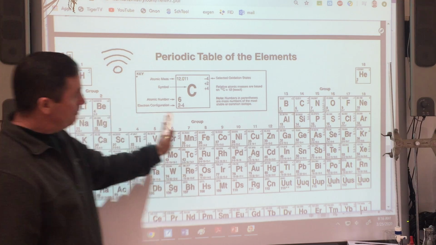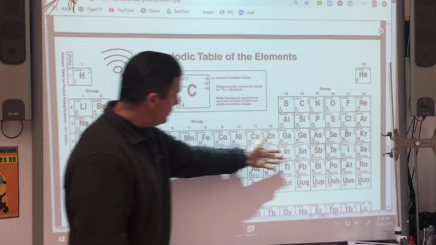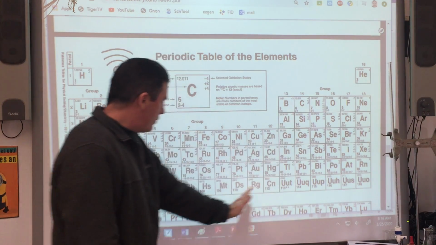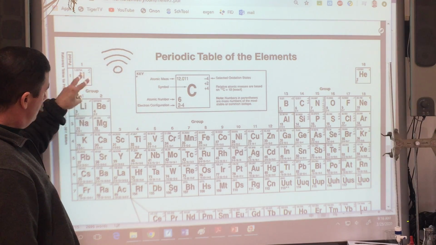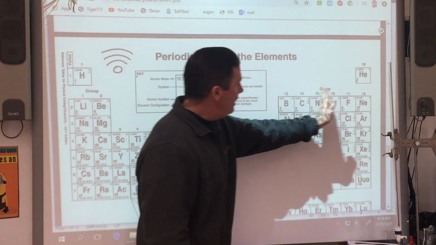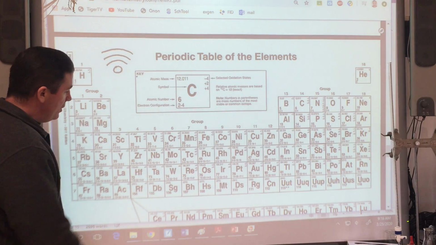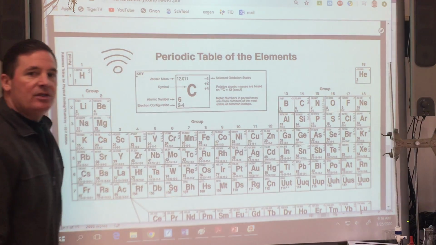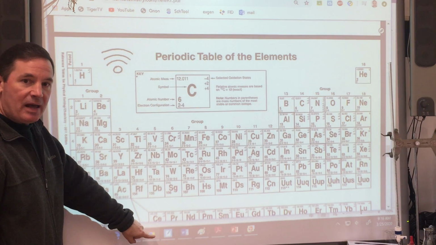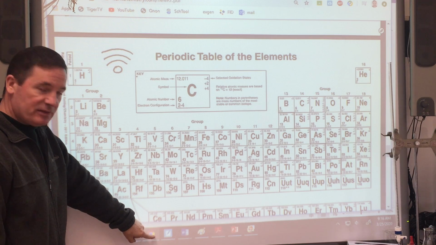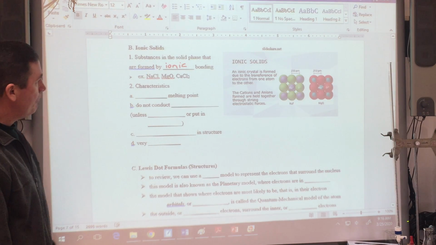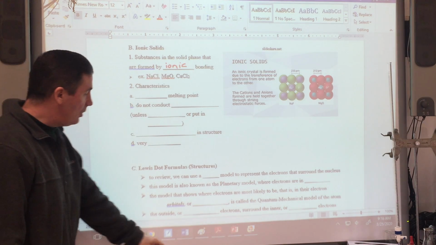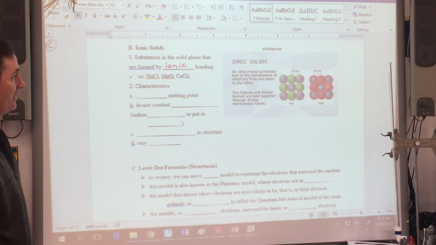Remember, from here over to the stairs, these are all metals. From here to here, they're called transition metals. These are a little bit more predictable. And then on the right side, those are all nonmetals. So if you pick a metal and pair it up with a non-metal, it's going to be ionically bonded, and oftentimes it will be an ionic solid. Okay, so sodium chloride, magnesium oxide, and calcium chloride. All those are examples of ionic solids.